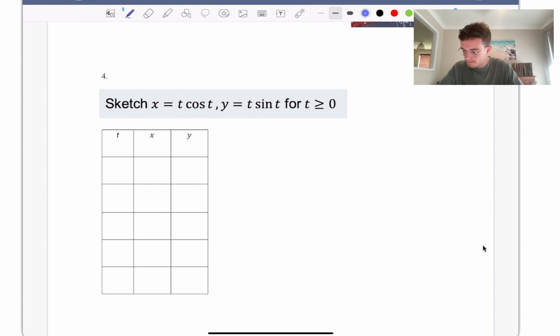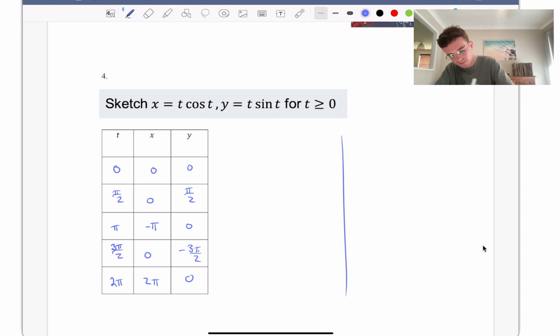Since it's trig, let's do 0, pi on 2, pi, 3 pi on 2, and we might do 2 pi. If we do that, let's just fill in the table. 0, 0, 0, pi on 2, minus pi, 0, 0, minus 3 pi on 2, 2 pi, 0.